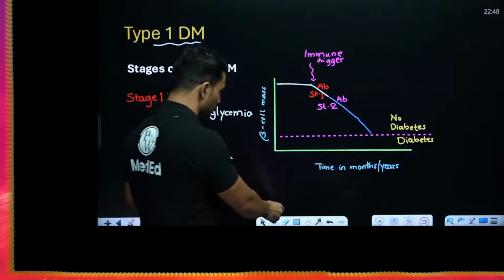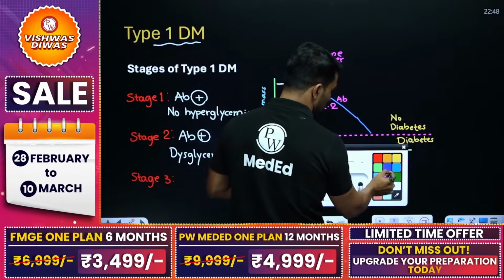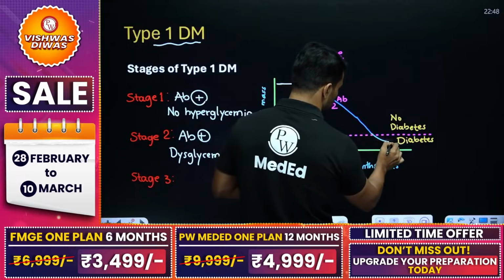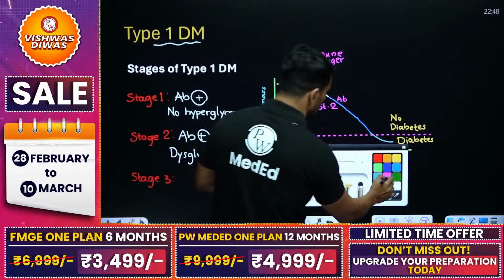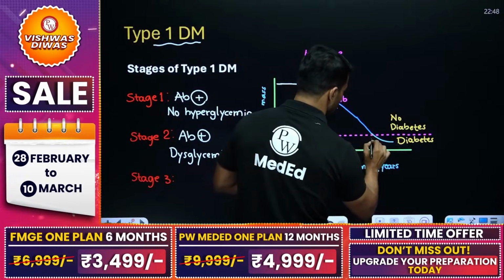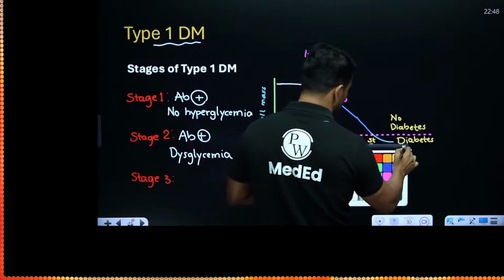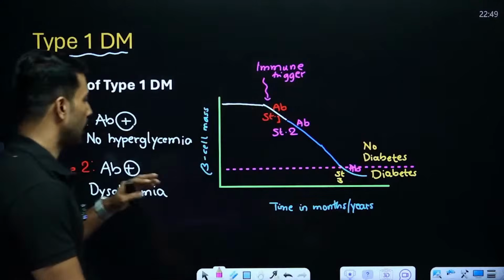But as time progresses, the pancreatic beta cell mass further decreases, and once there is further decrease in the beta cell mass, right, then now I enter into stage 3. In stage 3, antibodies are positive and I have overt diabetes.